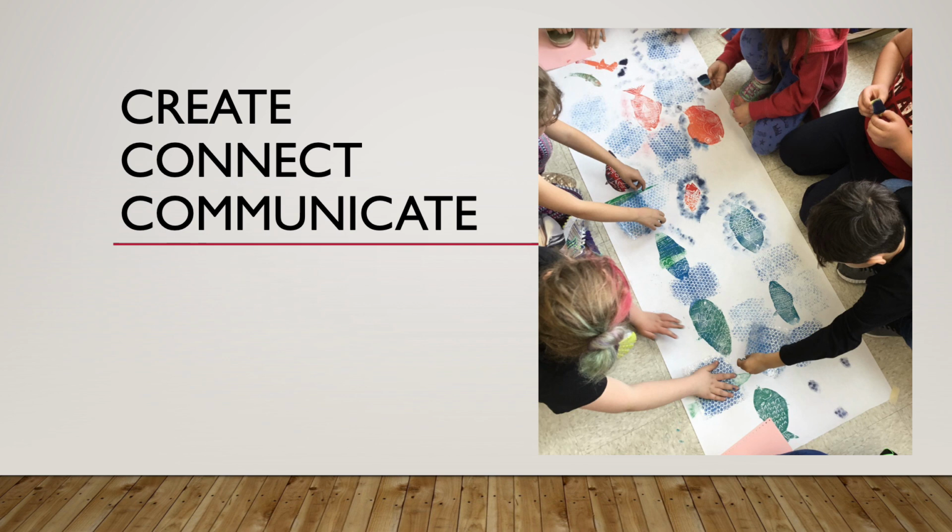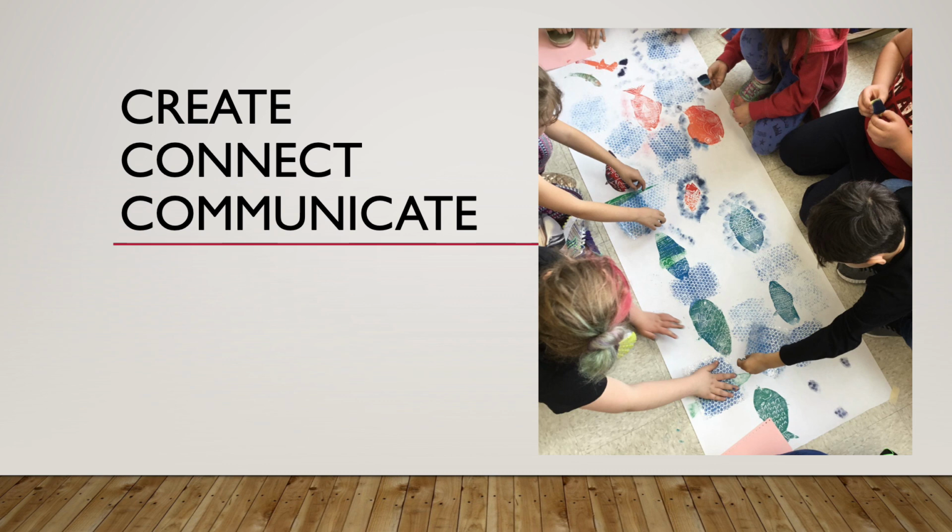In the New Brunswick Curriculum Guide, the outcomes for art, whether it's from kindergarten or grade 12, are divided into 3 strands: create, connect, and communicate. And it's a really great idea to always make sure you have something hitting each of those 3 strands in your activity.